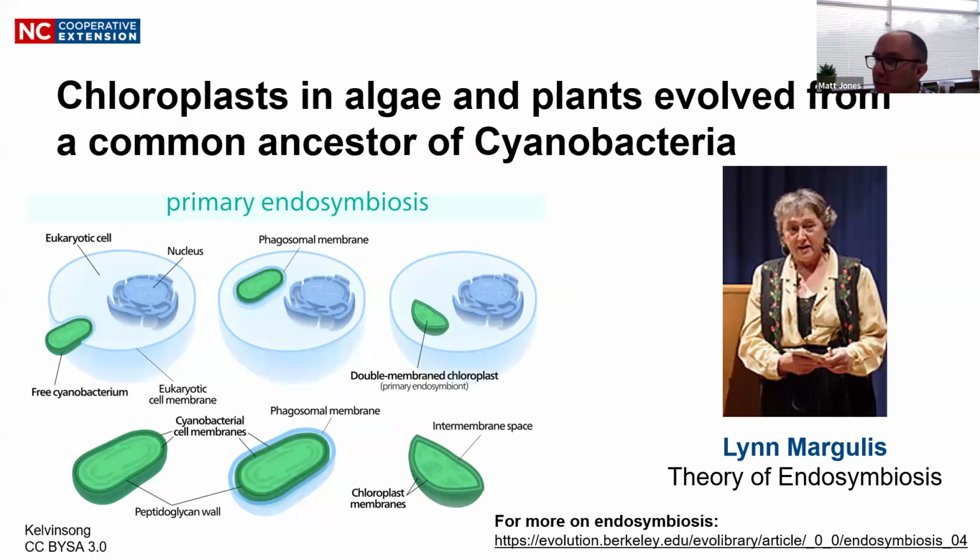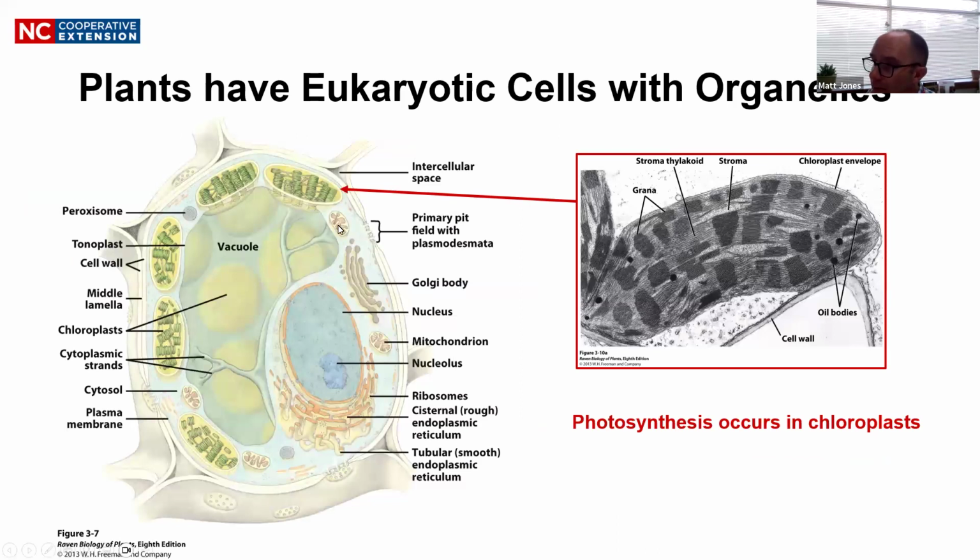Some of them have been lost, of course, or even transferred over to the nucleus, but they are indisputably at this point engulfed cyanobacteria. And the same can be said of mitochondria, those parts of the cells that do all the respiration. They are also thought to be derived from an ancestral engulfment of a bacterium.